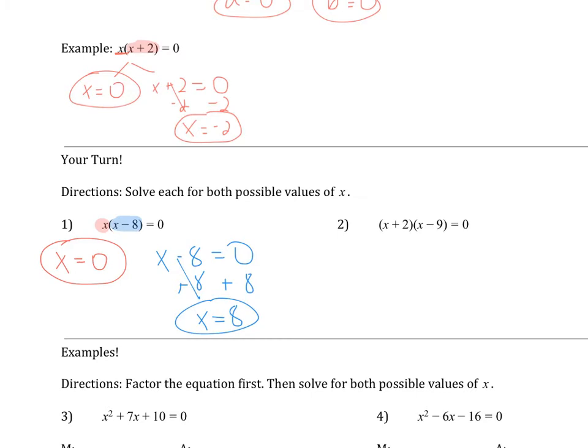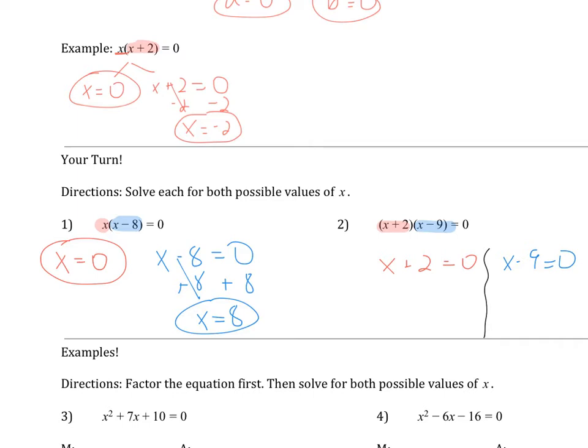For number 2, similarly, I want to set both of those factors equal to 0 and solve. So I'm going to set x plus 2 equal to 0. And I'm going to set x minus 9 equal to 0. And then I would solve them each separately.